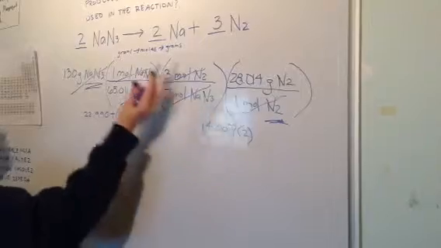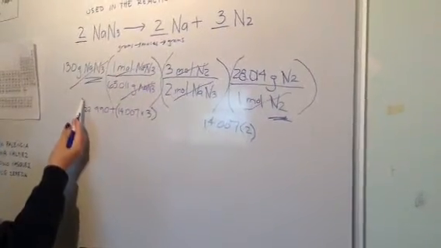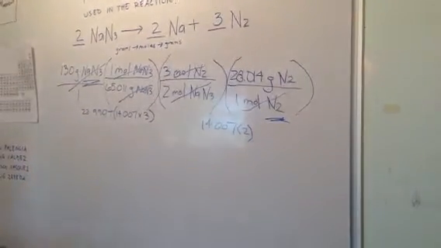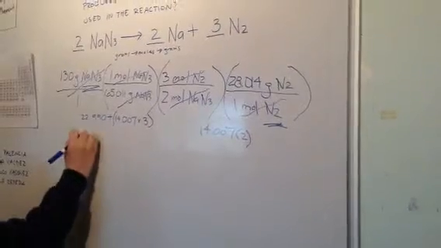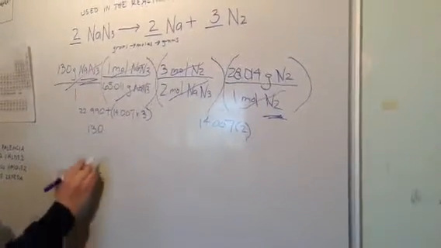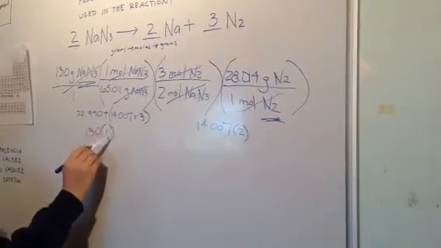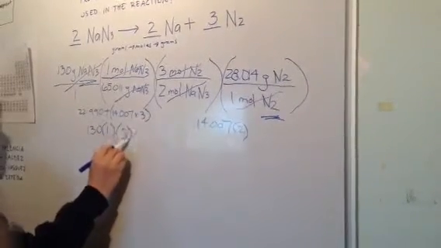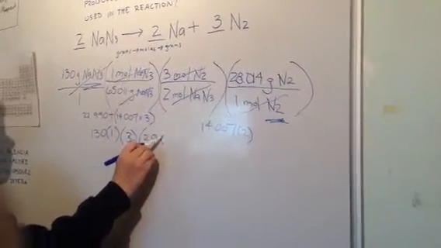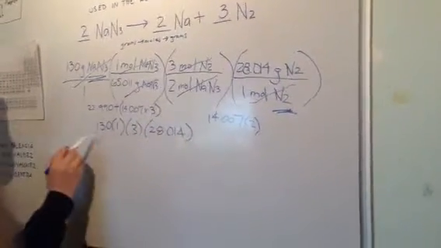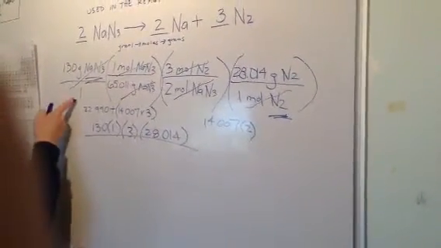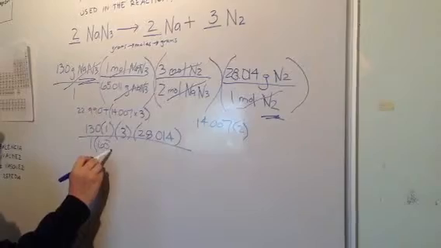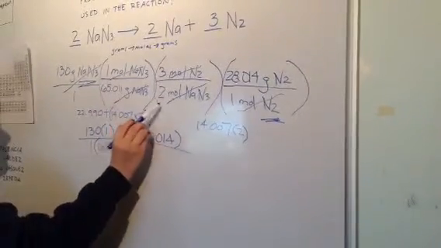So taking us back to the beginning of the equation, whatever we start with will always be over 1. So now all you have to do is calculate. We'll multiply 130 times 1 times 3 times 28.014, all over 1 times 65.011 times 2 times 1.